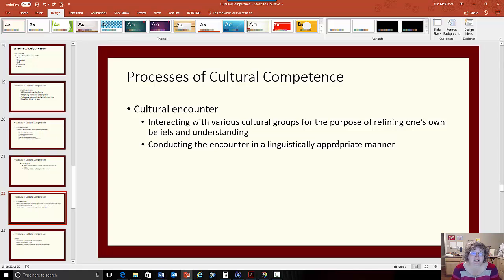There can be vast differences in different regions of other countries in the dialects that are spoken and the way that information is communicated. When you're using an interpreter, you want to avoid using family members, and you want to avoid using children, because children may not understand what you're saying.